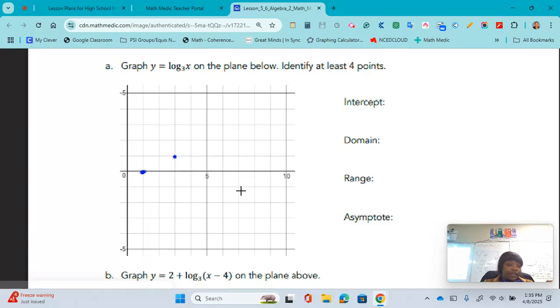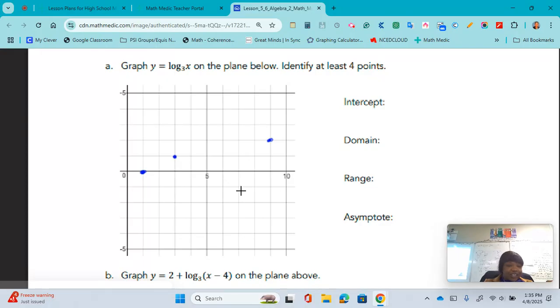3 to what power is 9? 2. So when I input a 9, I output a 2. I'm sorry, I said that the wrong way. And 3 to what power is 1 over 3?